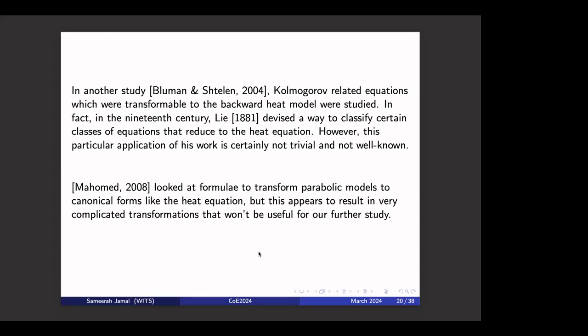But it was very useful in that there was a condition in place to ensure that you are able to transform an equation to something like the heat equation. In a similar time frame, Ibragimov also looked at transformations of parabolic models, and this was also quite useful in the sense that the transformations seem to be easier.